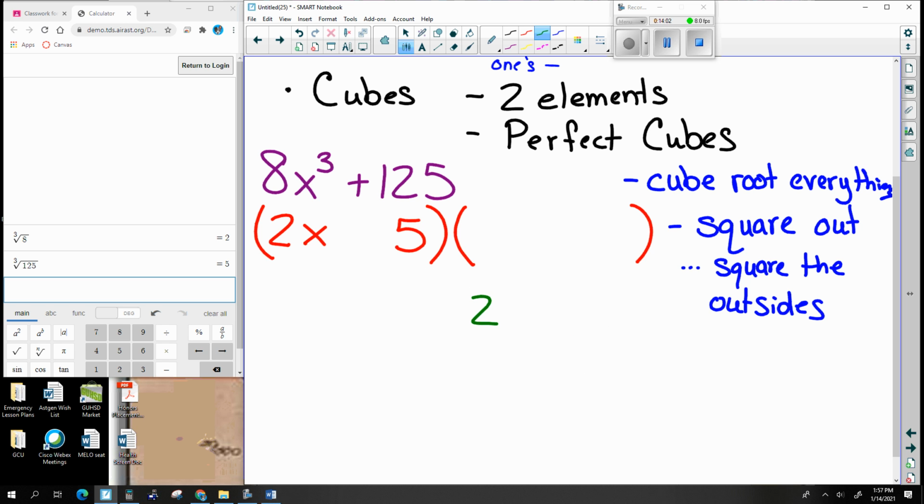I'm going to write it down here, 2x and 5. What I do is I square the outsides. So of the second piece, I'm going to square these outsides. So 2x and 5, the outsides are now going to be 4x squared and 25. So square out.